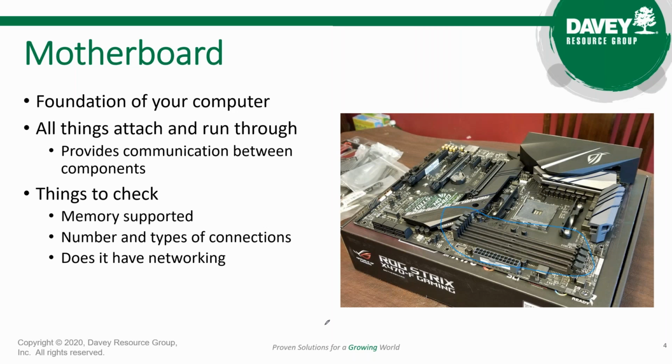The other things you want to look at are the number of connections it supports and what types of connections those are. I think most of us connect some sort of USB device to our computers, whether that's the keyboard and mouse, a GPS unit, external drives, or another display device.